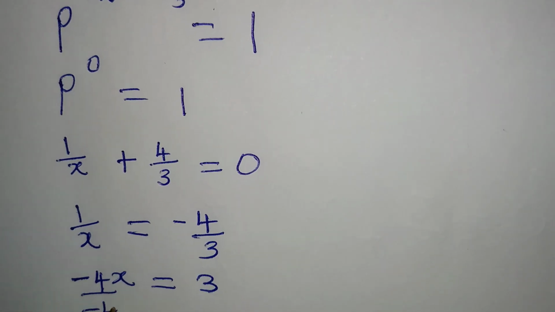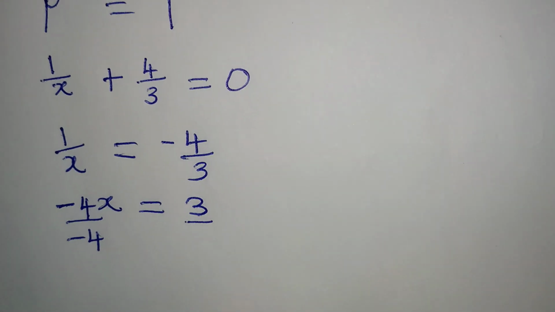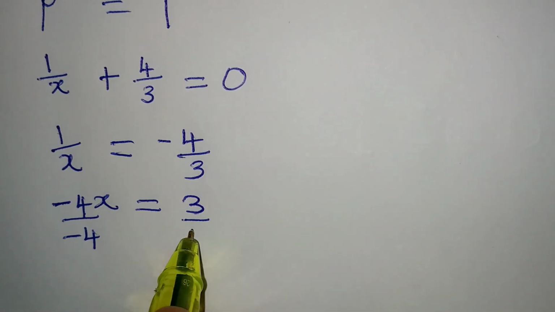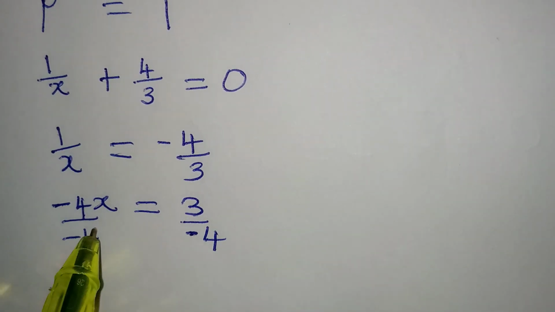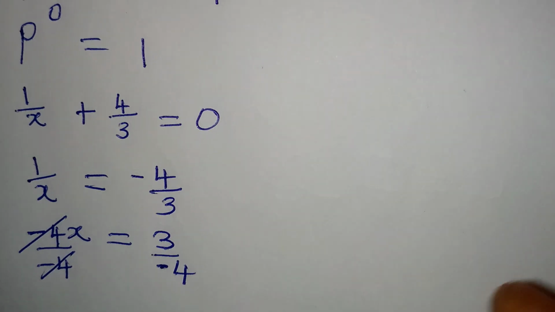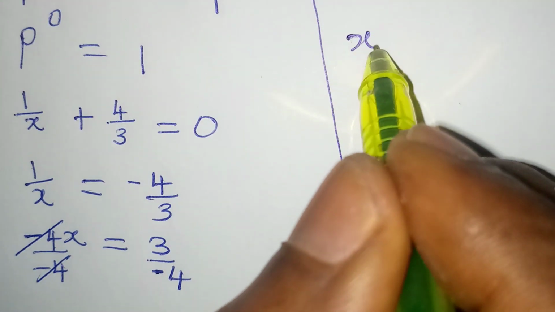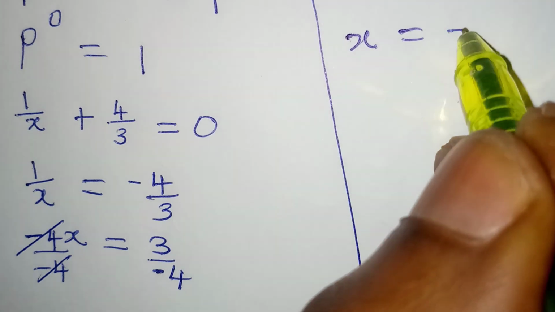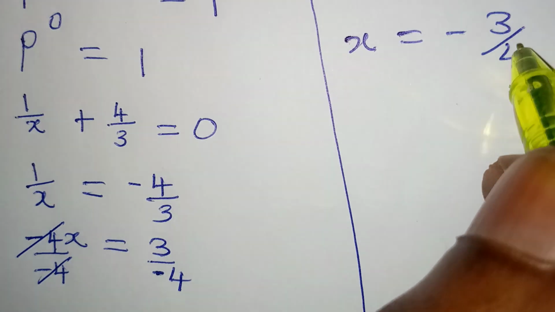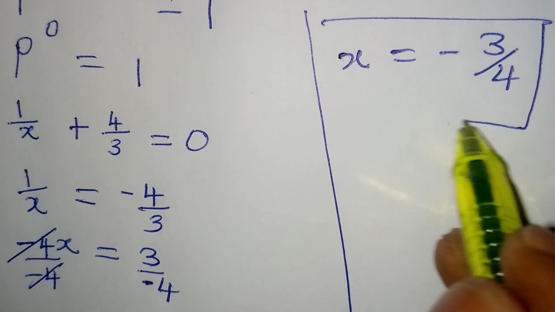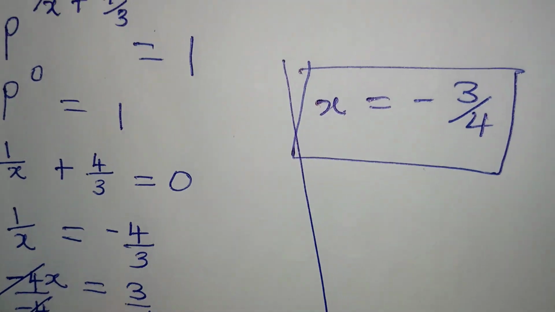Divide by minus 4 on both sides, and then we have x equal to minus 3 over 4. And this is from the second method.